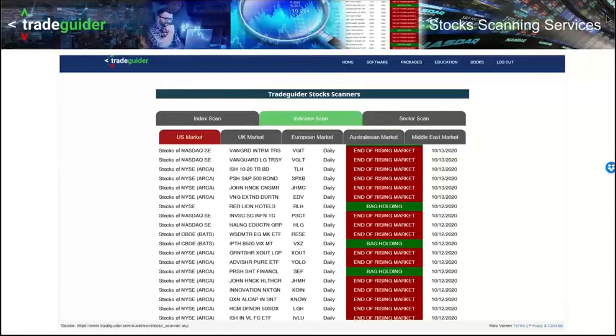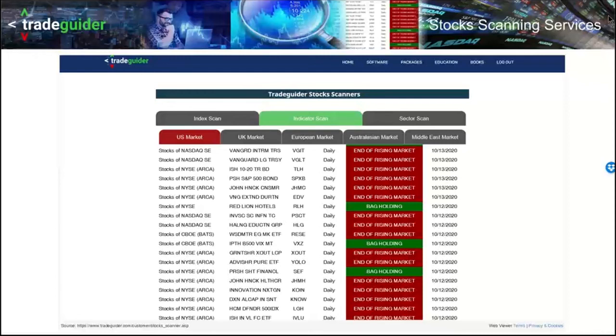So US and Canada, and UK is obviously UK stocks. So all in all, we are talking about approximately 15,000 stocks which are under scan for every one of these services. We are talking about the index scan, and the indicator scan. All of them are checked.